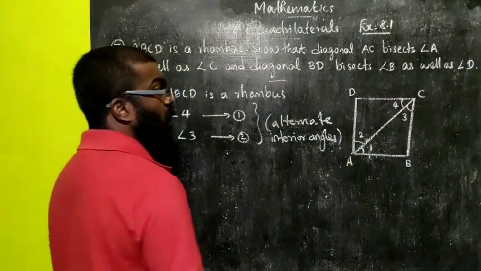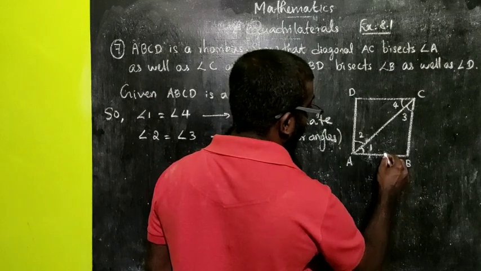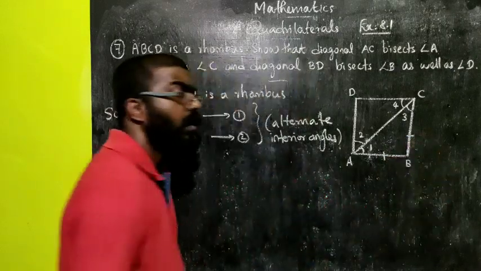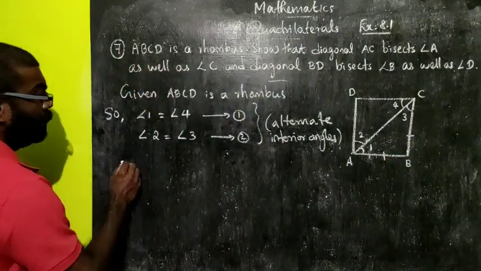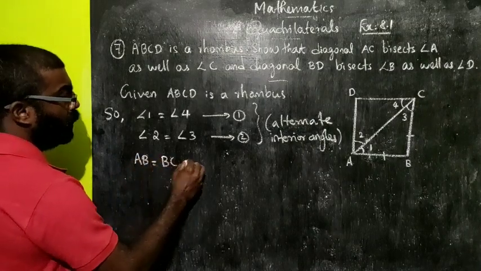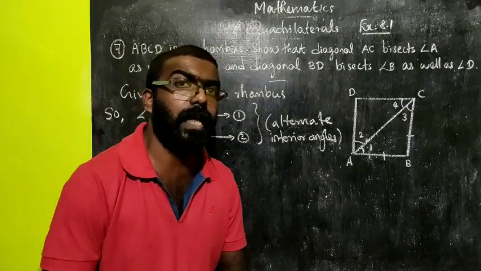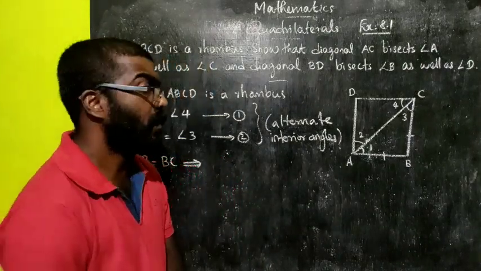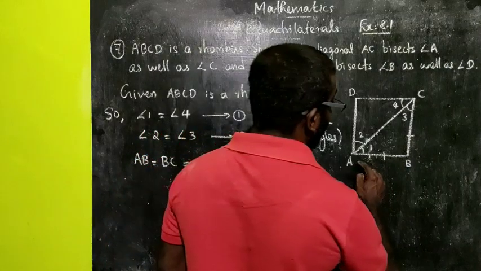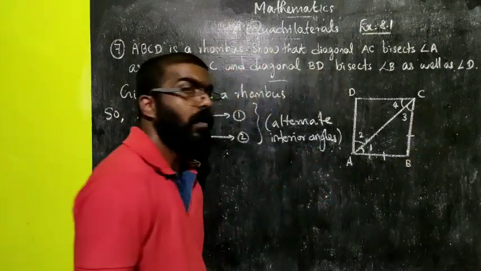Okay, since it is a rhombus, we can say all sides are of equal length. Here we can take the sides AB and BC. So AB equal to BC implies angles opposite to equal sides are also equal. Okay, here in triangle ABC, AB and BC are of equal length.